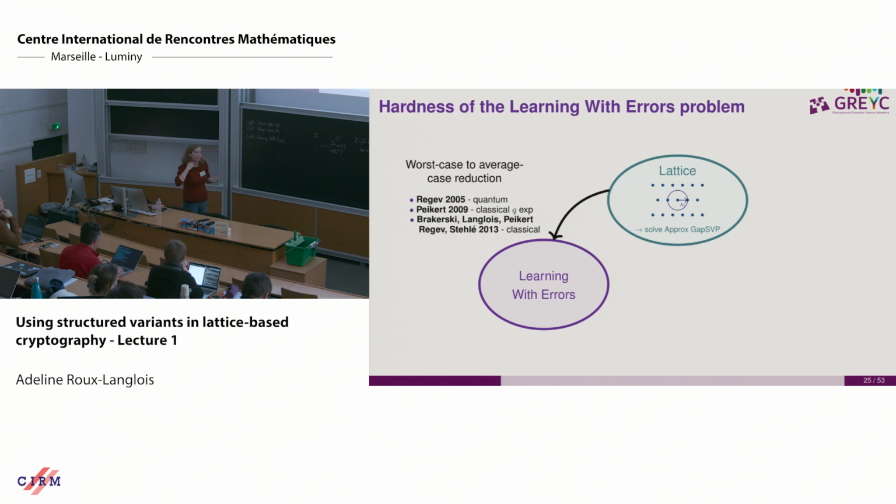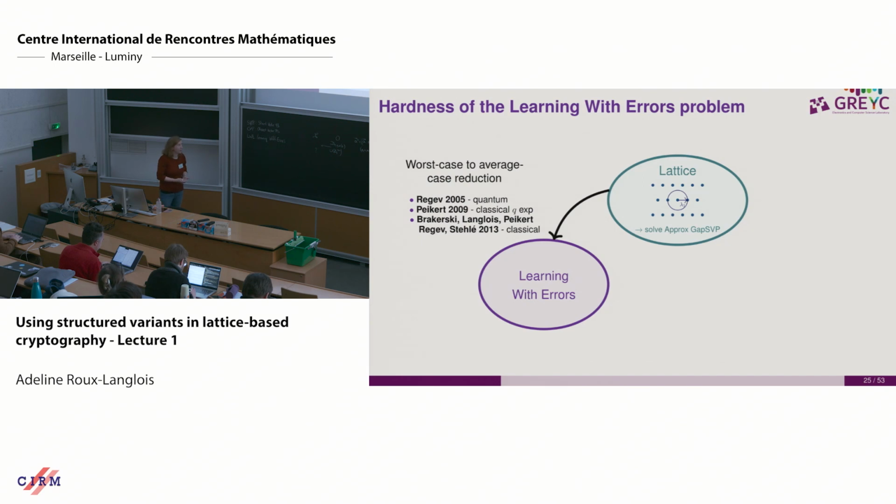So if you can solve LWE for an average case, a uniform matrix A, then you can solve gap SVP for any instance. And any instance means the easy one, but also the worst one, the very hard one. So that's why it's a nice reduction, because it gives you a very strong argument to say that the LWE problem is at least as hard as a hard problem on lattices.